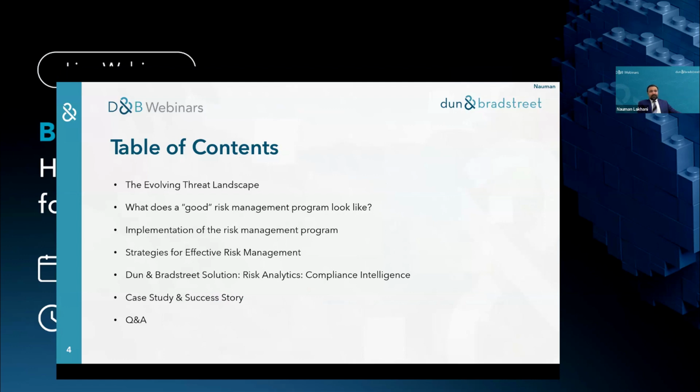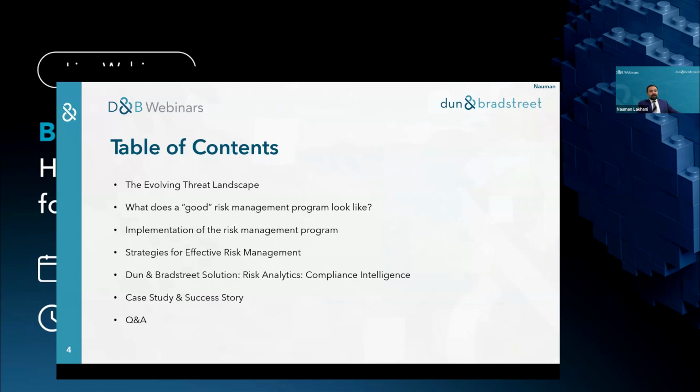For today's session, the table of contents, the areas that we'll be covering, are the evolving threat landscape. Then we'll dive into what a good risk management program looks like. Then we'll go into seeing the implementation of the risk management program. And then we look at the strategies for effective risk management.